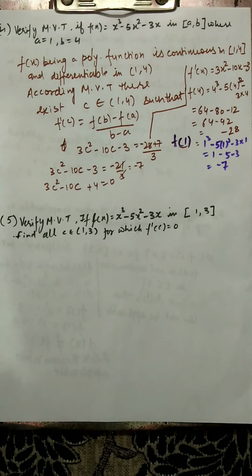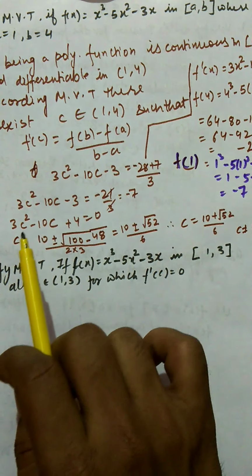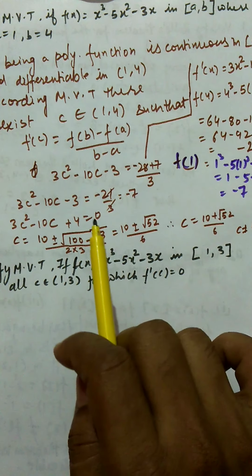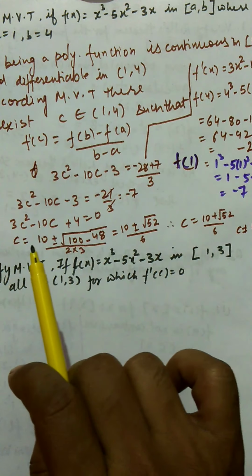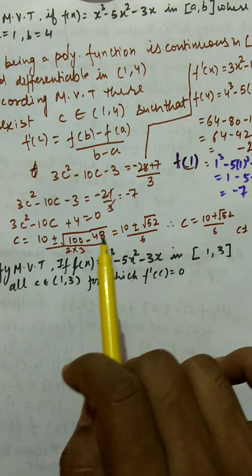We can find the value of c either by the splitting method or by the formula method. We have 3c² − 10c + 4 = 0. Splitting cannot be done, so we use the formula c = (−b ± √(b² − 4ac)) / 2a.